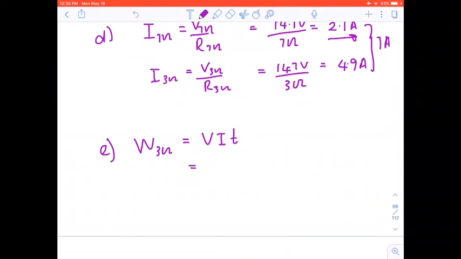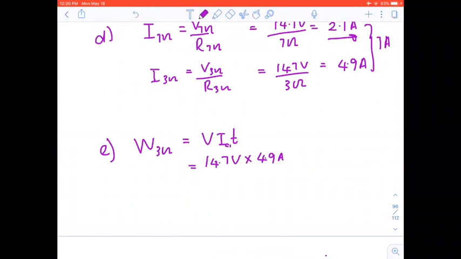The 3 ohm resistor, which is in parallel, we know that it is 14.7 volts, and the current going through that parallel circuit is equal to 4.9 amps, right? The current in CD.